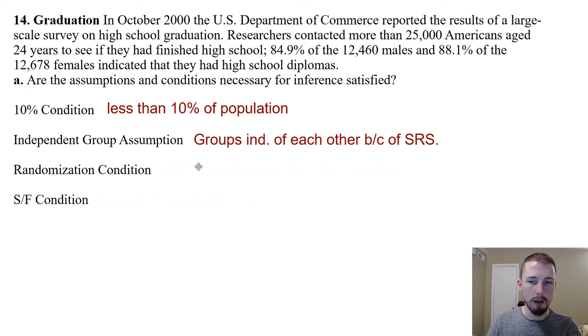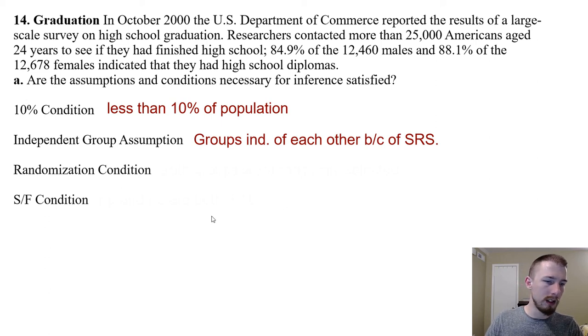So the simple random sample is going to basically alleviate any issues we would have with any sort of association between those two groups. We're not selecting them in pairs by relationship. You also would have issues with husbands and wives and things like that. So any way that the two groups could be related to each other, we need to be careful of that.